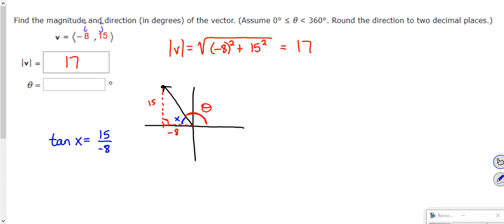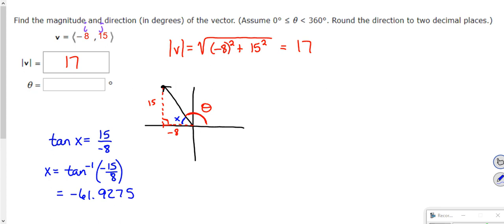negative 8. Okay, now if you do arctan, so x, remember, is arctan in your calculator, and you could either put it in as negative 15/8 or positive. It doesn't really matter. If you put it in as negative, it's actually going to give you a negative answer, which means you automatically know that you have to subtract it from 180. But if you poke that in your calculator, you are going to get a negative 61.9275, yada, yada, yada.